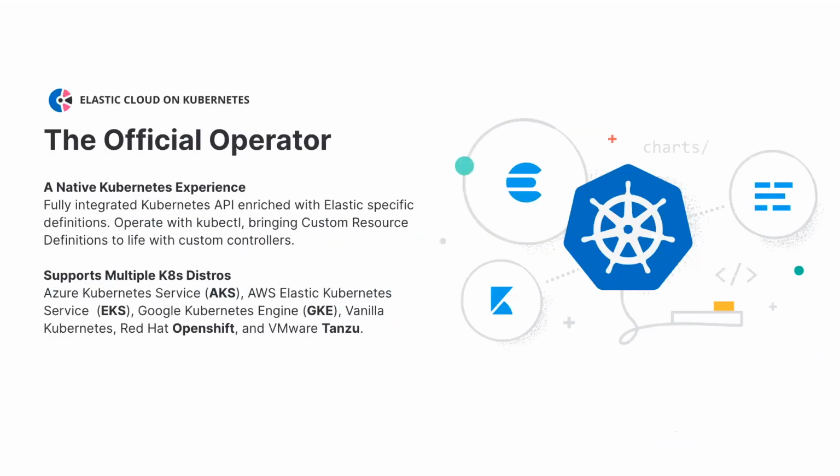And this is the Kubernetes operator. It brings a native Kubernetes experience to run your Elasticsearch and Kibana, and also some other functions like the APM server and so on. And it does that through something called custom resource definitions.